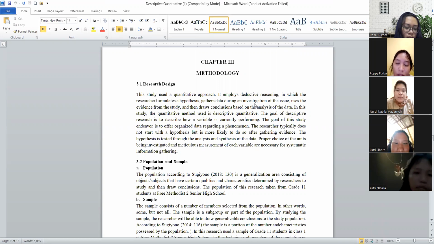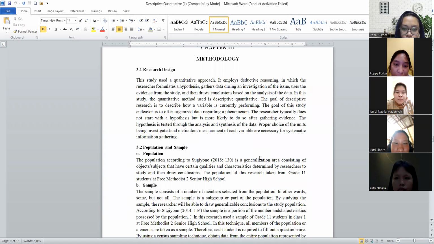The study used a quantitative approach. It employs deductive reasoning, in which the researcher formulates a hypothesis, gathers data during an investigation of the issue, uses the evidence from the study, and then draws conclusions based on the analysis of the data. In the study, the quantitative method used is descriptive quantitative.